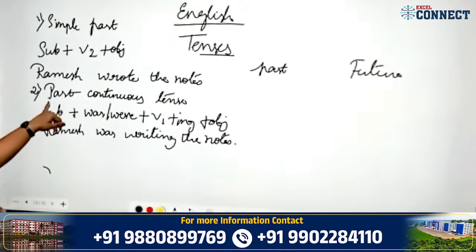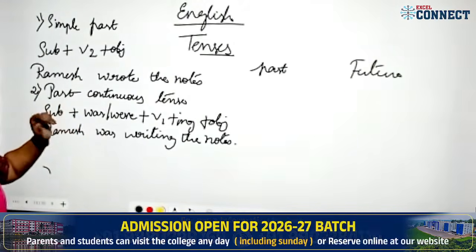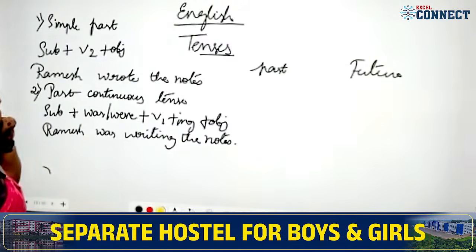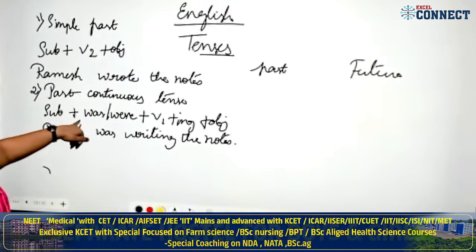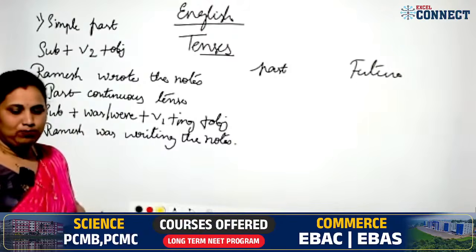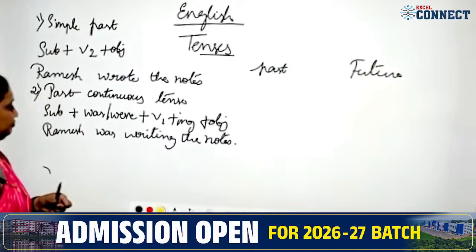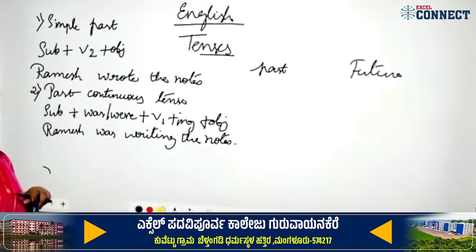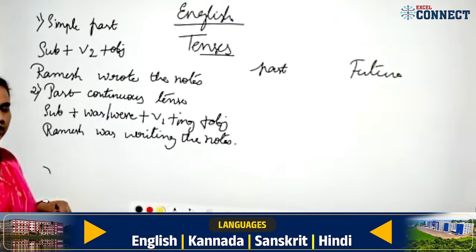So the past continuous, as I said, the action started in the past and there is a continuation in the action. So subject plus was or were plus V1 ing plus object. So if you want to give a different kind of example on it, you can do a comment.